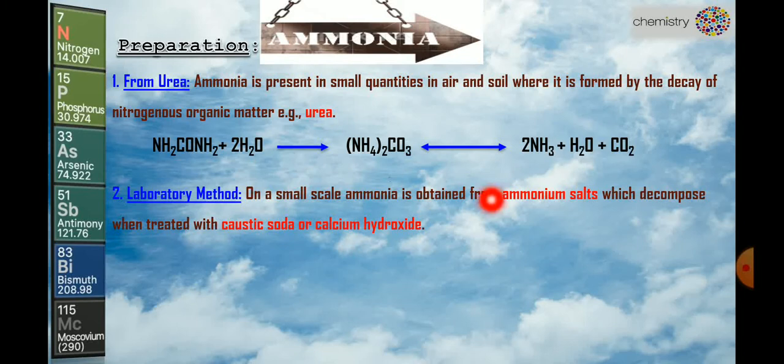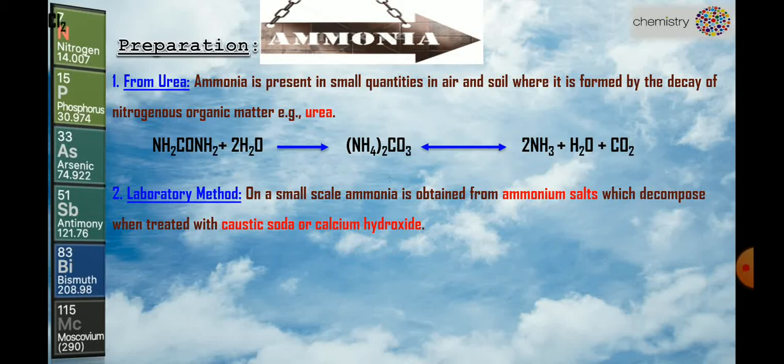It's a laboratory method. In the laboratory, ammonia can be prepared on a very small scale only for the purpose of study. On a small scale, it is obtained from any of the ammonium salts. These ammonium salts decompose whenever treated with caustic soda, sodium hydroxide, or calcium hydroxide.